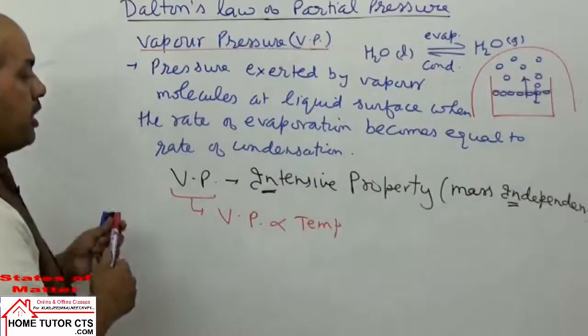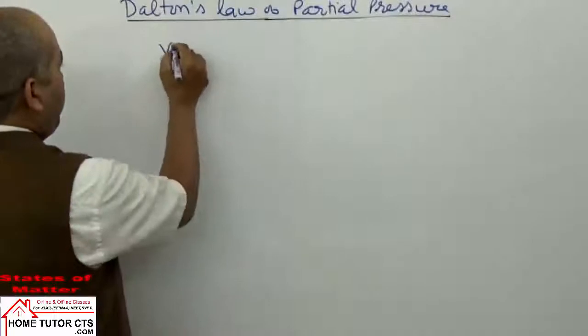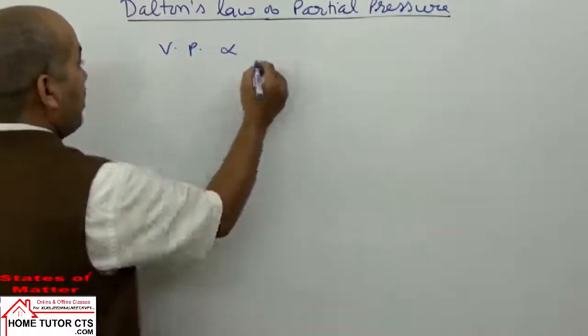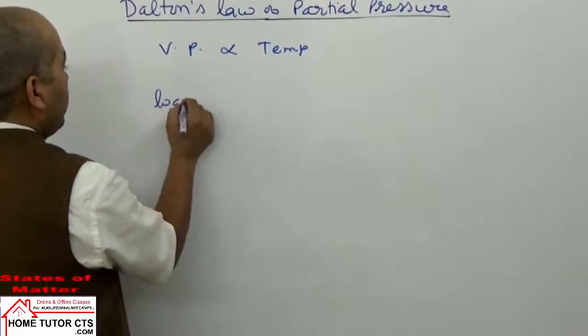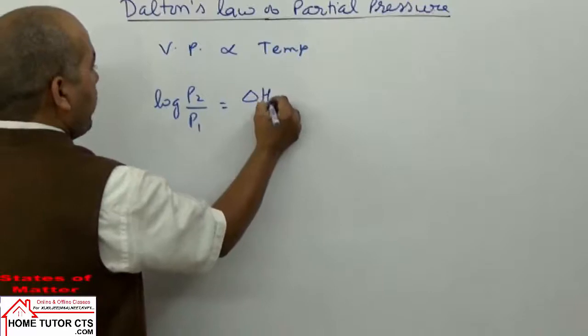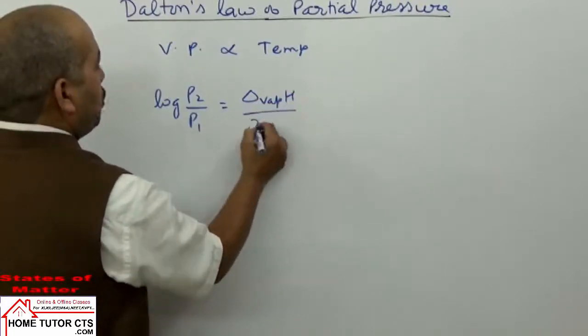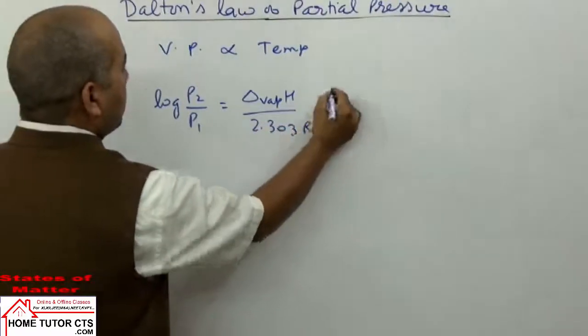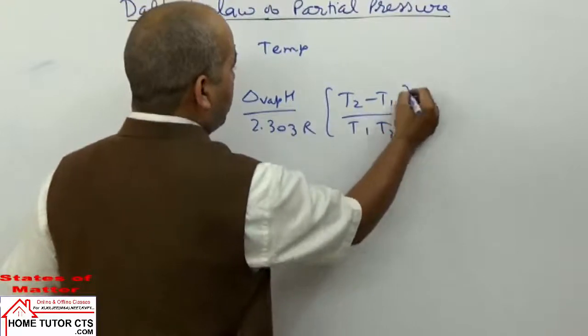One expression is used here. Let us see that expression also. This property vapor pressure is directly proportional to temperature. That expression you can have here, log P2 by P1 is given by delta H vaporization by 2.303 R, T2 minus T1 by T1 T2.